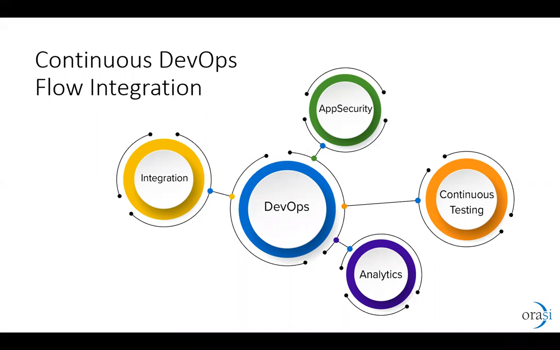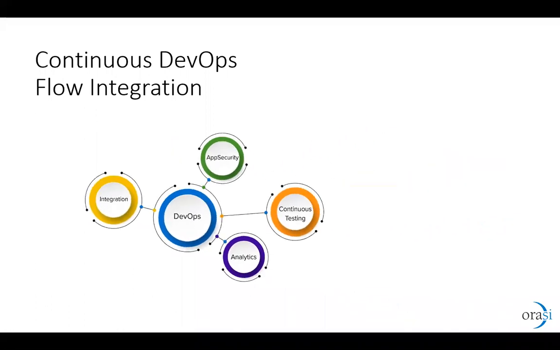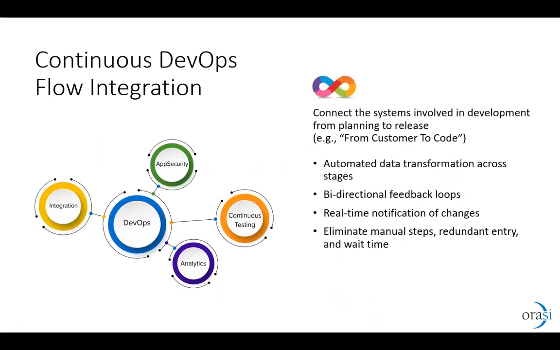So Orchestrating has done a lot of work around this idea, and we call this consolidated process continuous flow integration. And continuous flow integration to us is all about automating transformation across all the stages of your life cycle.